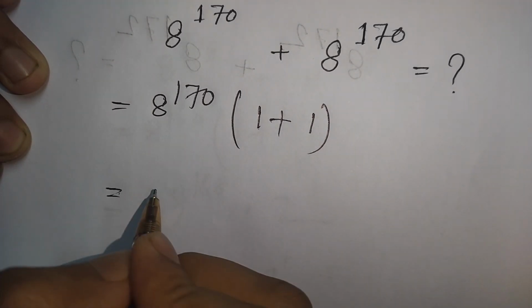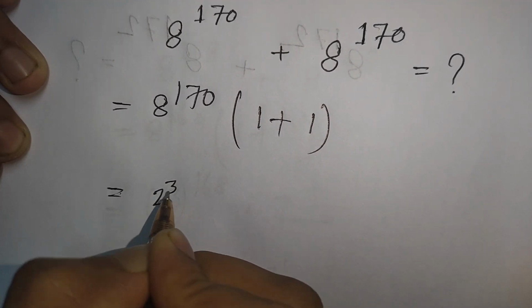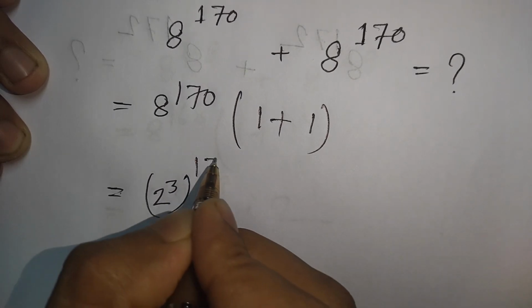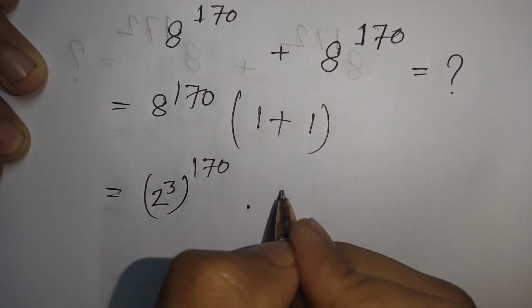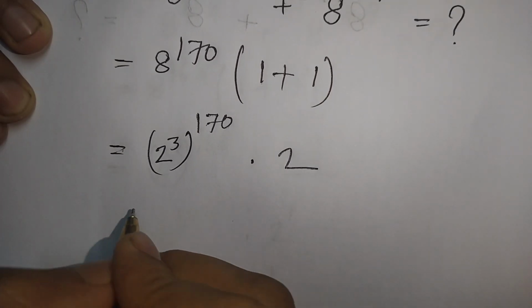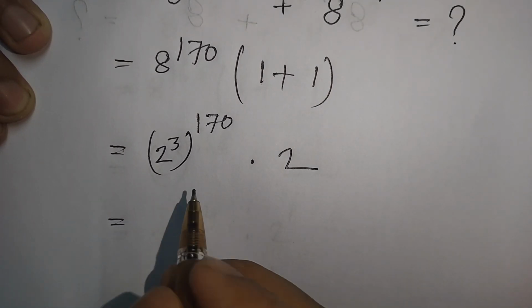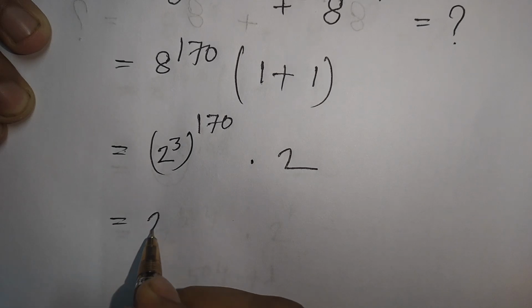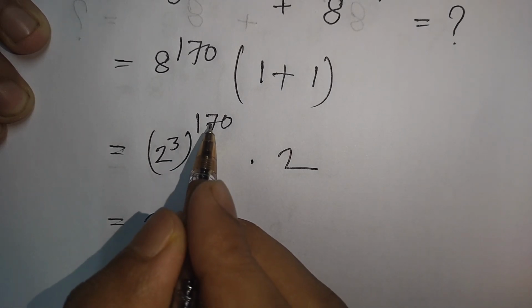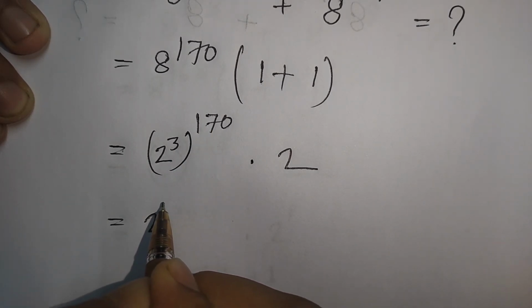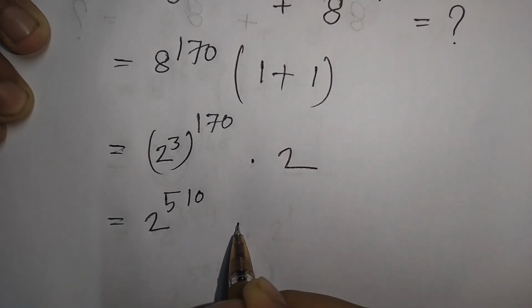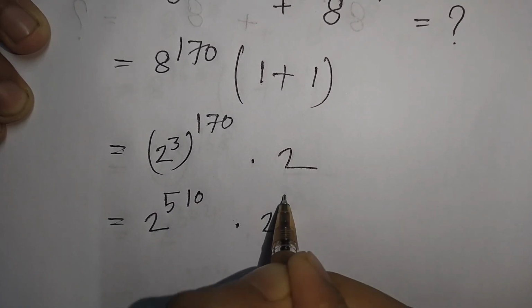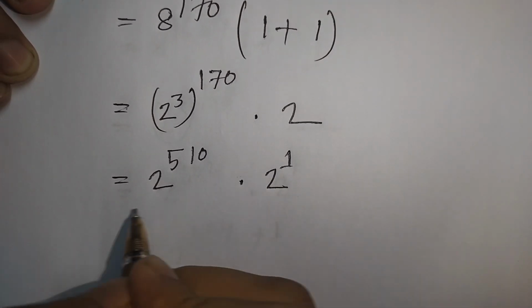Now 8 to the power 170 is same as 2 to the power 3 bracket for 170 times 1 plus 1, that means 2. Now 2 to the power 3 times 170, that means 510, times 2 is same as 2 to the power 1.